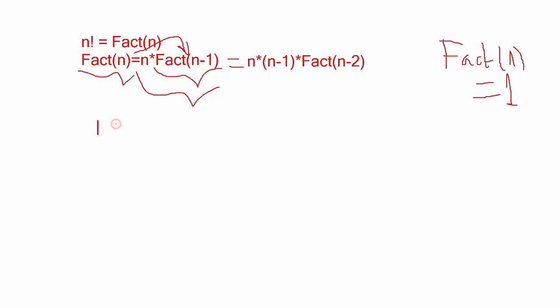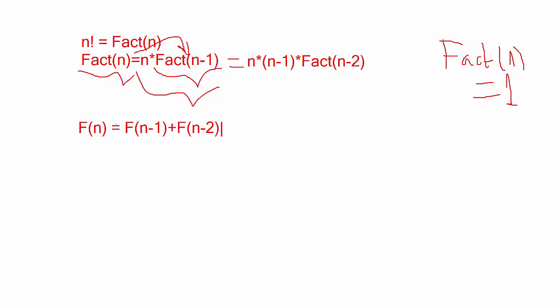Fibonacci. Okay, so Fibonacci, I'll just call it f. F of n is defined to be, what is f of n? I'm sure that you've heard of it and you've written it with code as well. F of n is f of n minus 1 plus f of n minus 2.